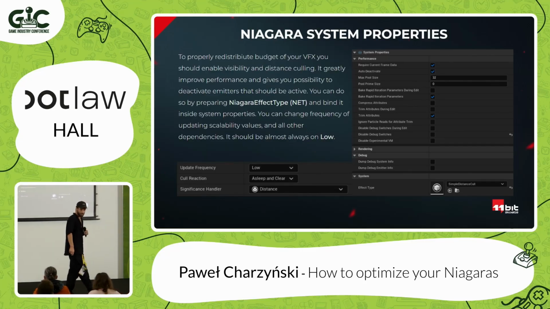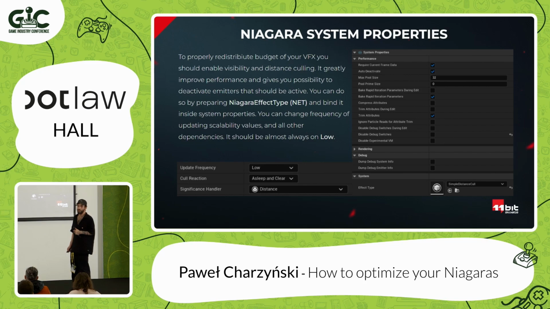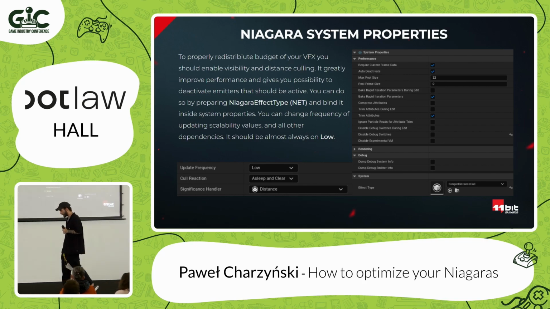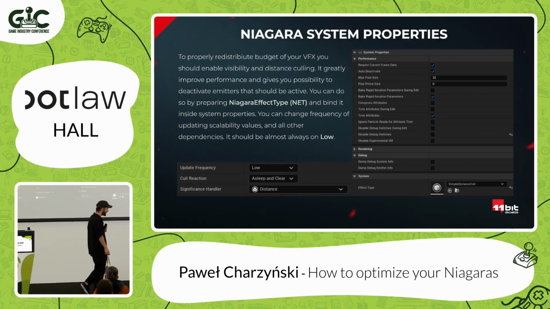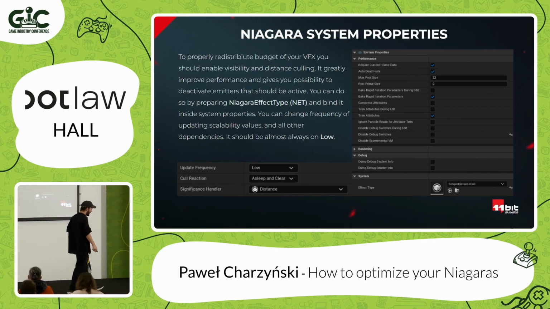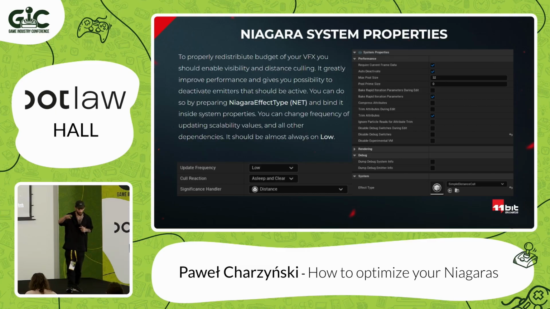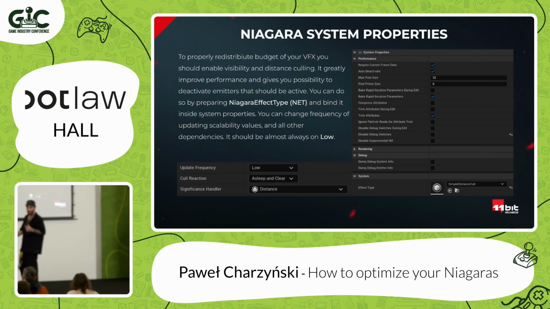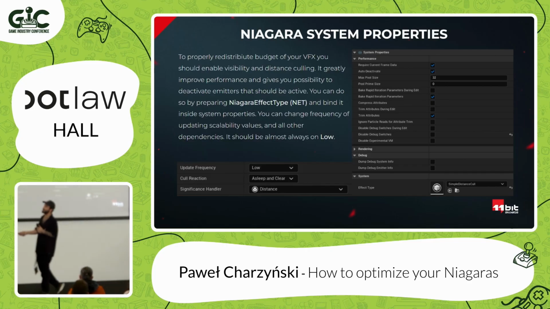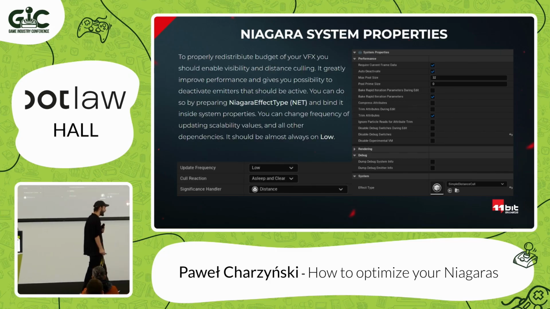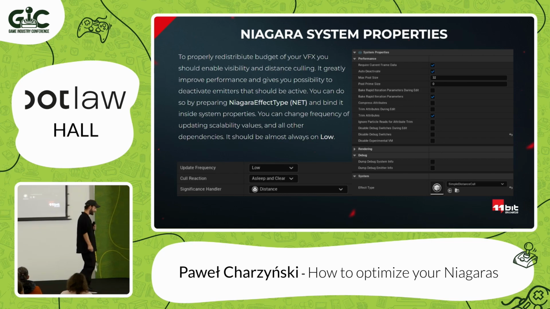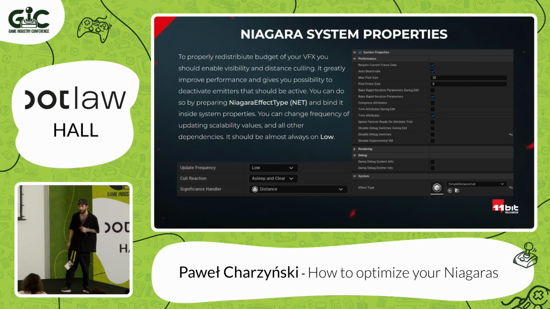To properly redistribute the budget of your VFX, you have to put visibility culling inside there. There is the thing that's called Niagara Effect Types, and you can batch the whole systems within your project inside there and put some values. Like, if we don't want to render smoke after the distance of 10K, we can batch them and optimize this stuff as well.